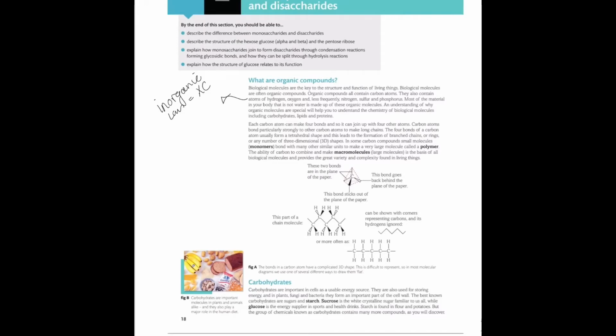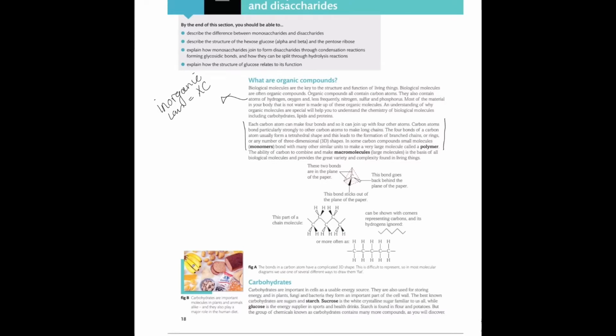In some carbon compounds, small molecules, monomers, bond with many other similar units to make a very large molecule called a polymer. So once again, this bit should be GCSE, the monomers and the polymers and the carbon atoms making 4 bonds. The 3D shapes you won't have to learn for biology.